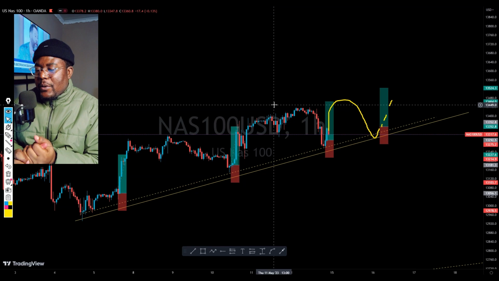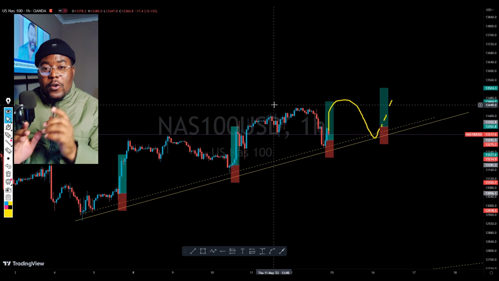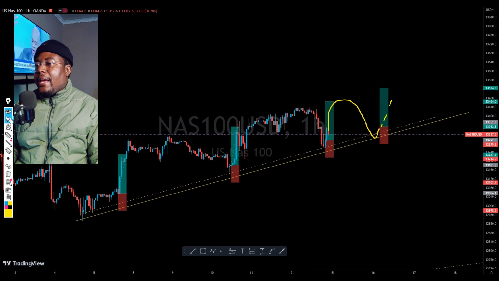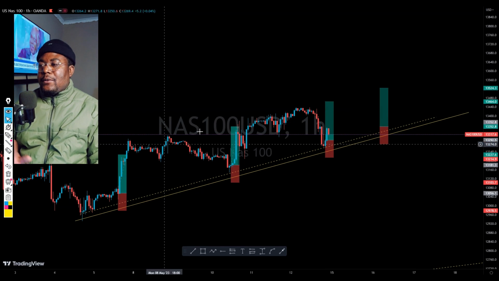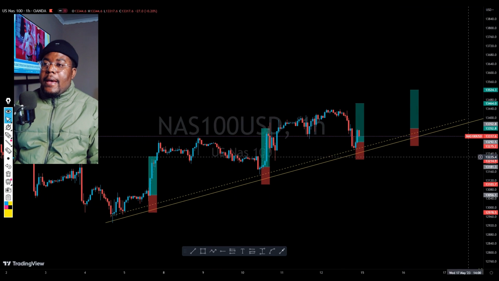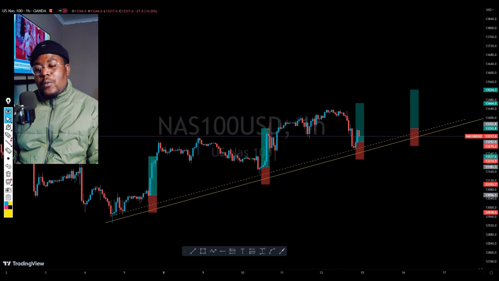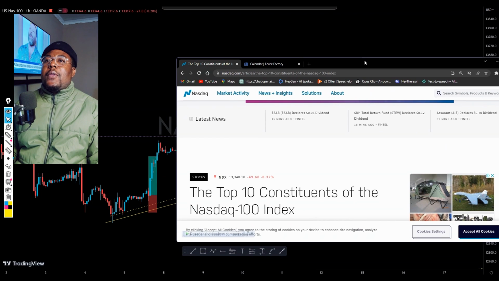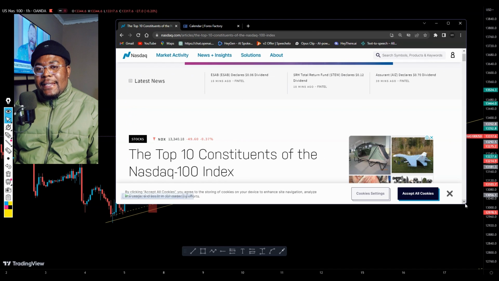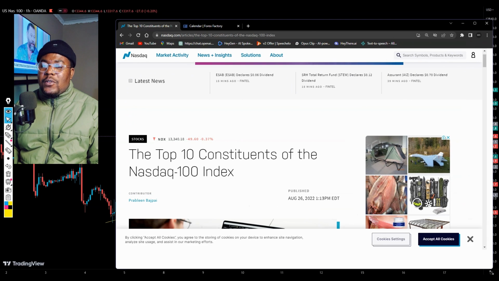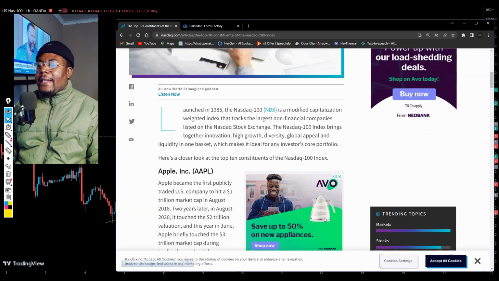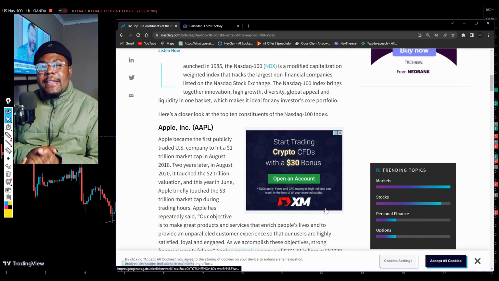So, as I talked about economic calendars, on the economic calendar, let me show you something. When we deal with NASDAQ, we're done with the structures. When we deal with NASDAQ, we are dealing with companies. Guys, we have to understand that since these are companies, around every 3 months they release their earnings.